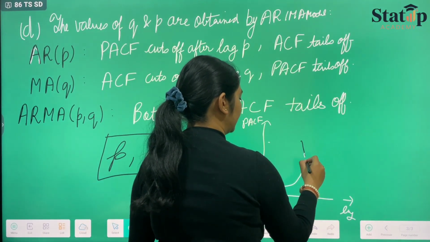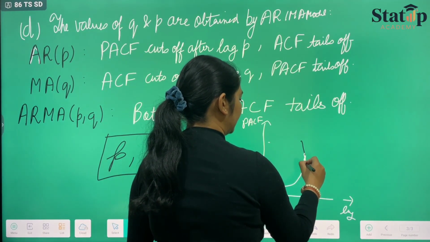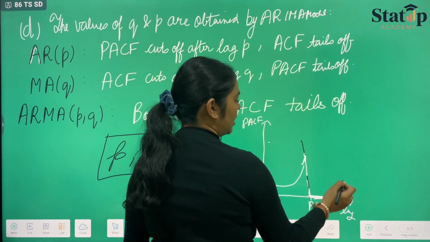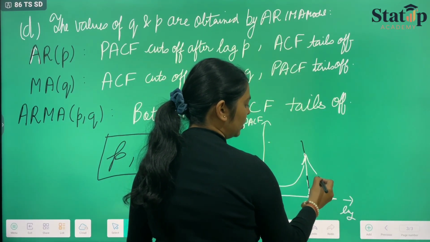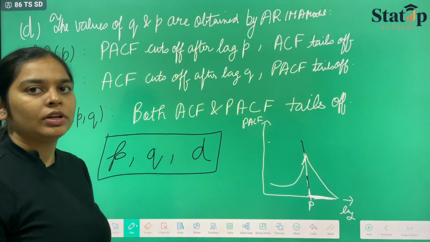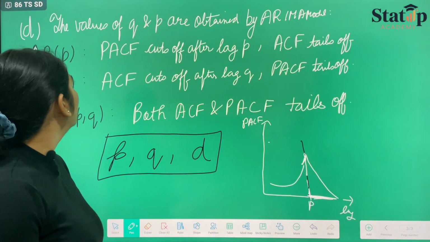The value from here becomes directly 0. And tails off means it slowly comes down like this. So that is the difference between cuts off and tails off.